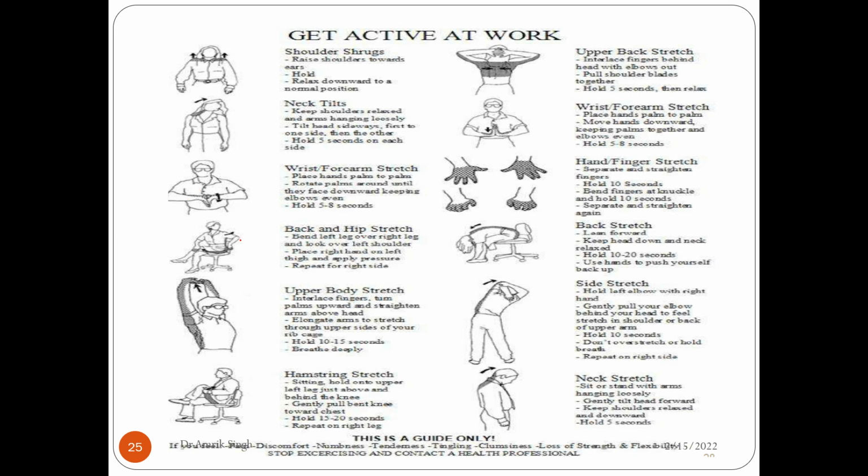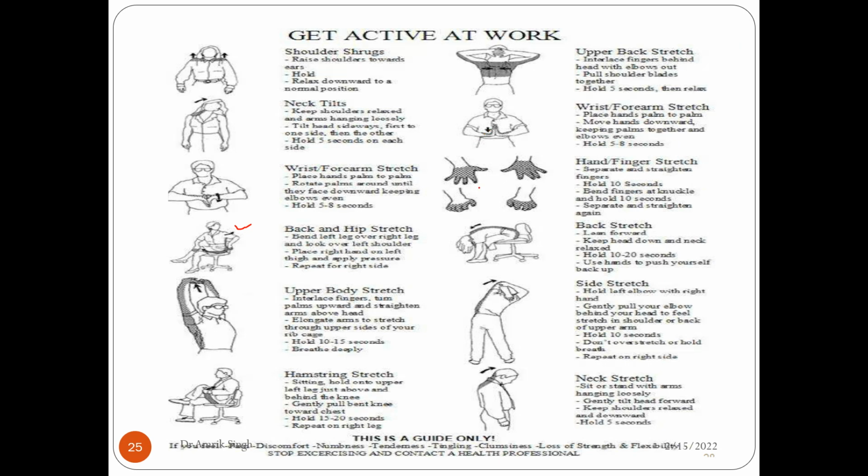Back and hip stretch, like this. Upper body stretch, so you can watch here. Hamstring stretch, where you take a pause. Upper back stretch, on the back side, which most of us normally do. Wrist and forearm stretch, like this.